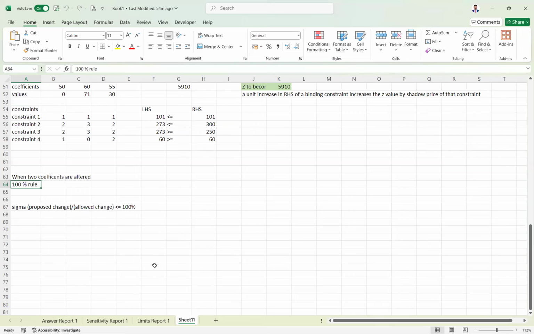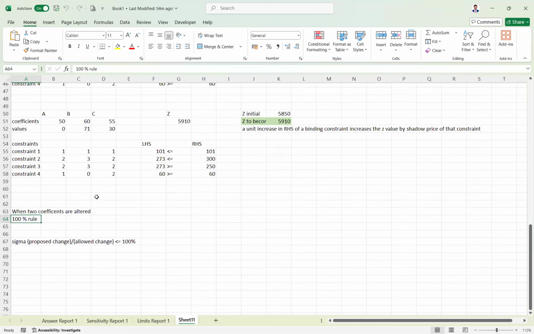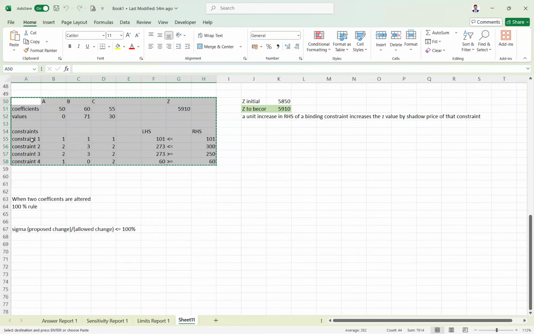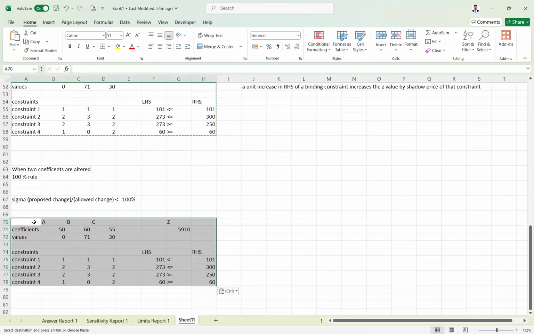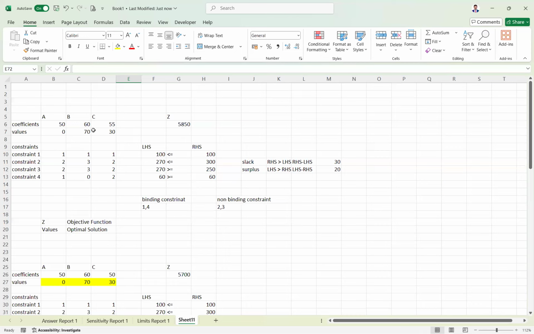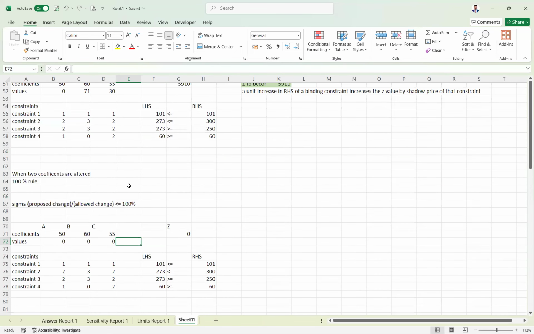What is the 100% rule? Suppose, let me first copy the same problem. Again, I'm changing it to 0, 0, 0, the same 50, 60, and 55. Initial coefficients 50, 60, 55.